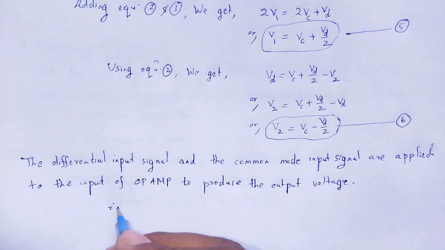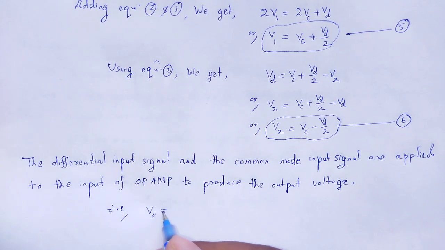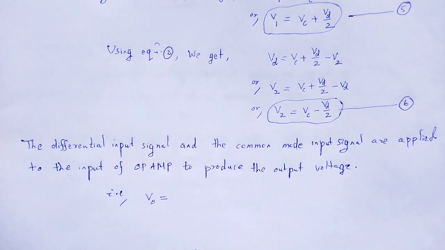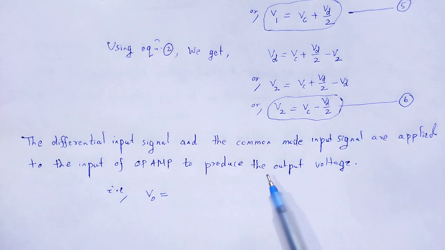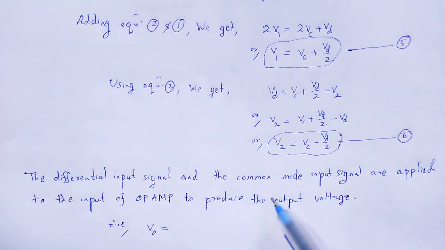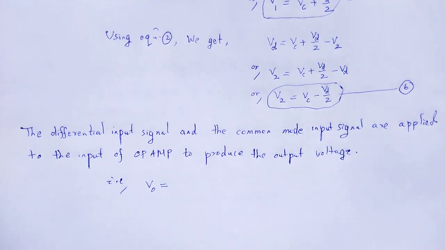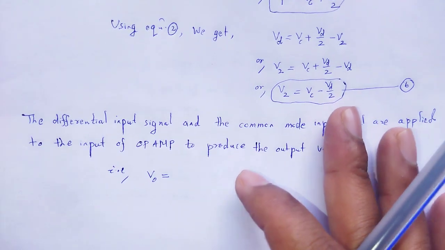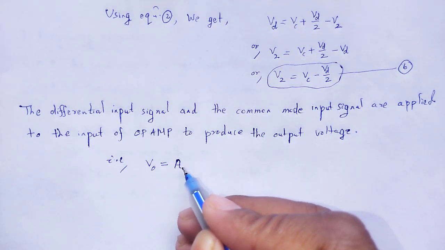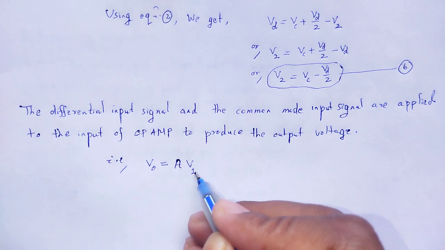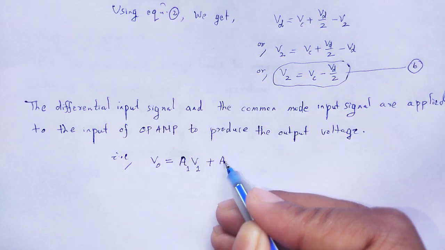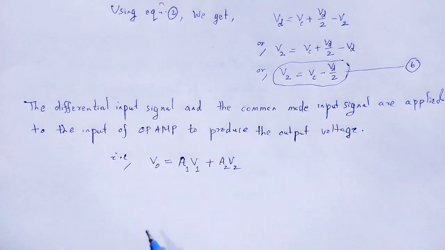That is, the output voltage is a combination of the differential input signal Vd and the common mode input signal Vc. So the output voltage is now A1 V1 plus A2 V2.